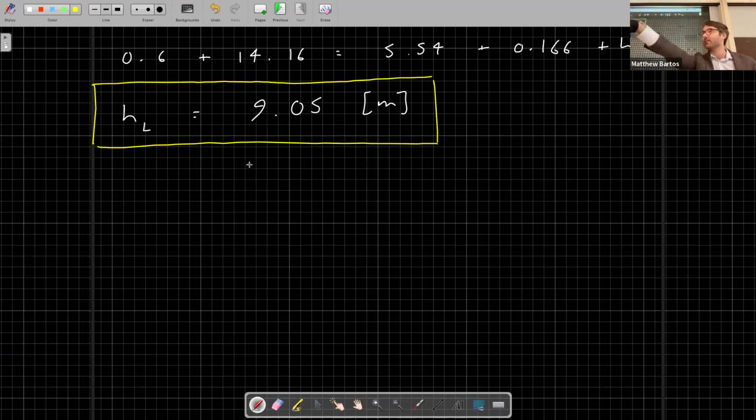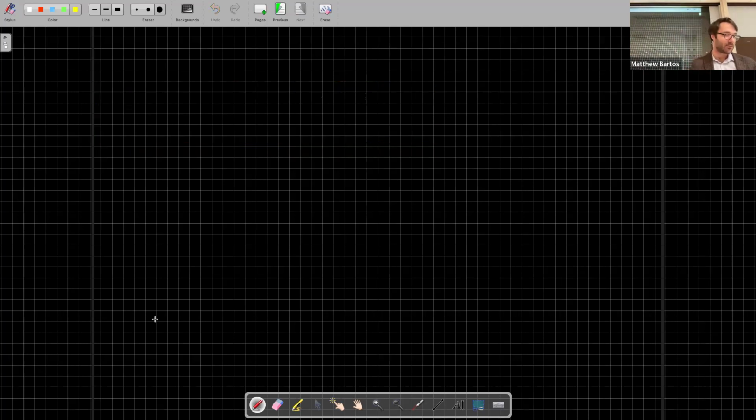So let's go ahead and start looking at the case of adding energy dissipators and see what it does to our force balance. So again, we're going to have our hydraulic jump.